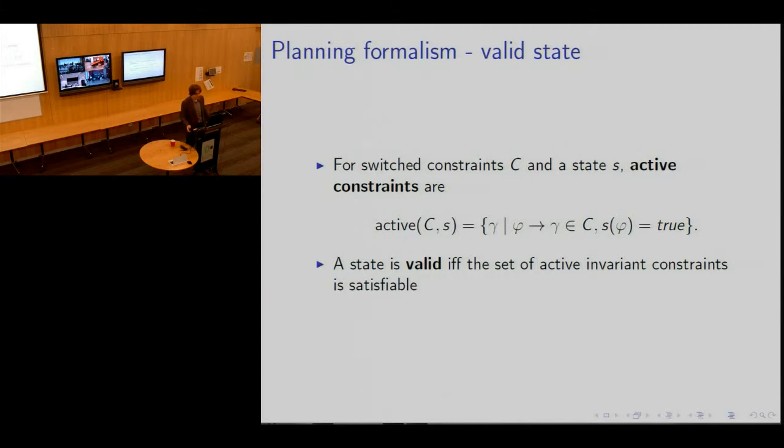From this, we can get a set of active constraints. These active constraints are then passed to the external solver to see whether they are satisfiable or not. We say that the state is valid if the set of active invariant constraints is satisfiable in a given state.